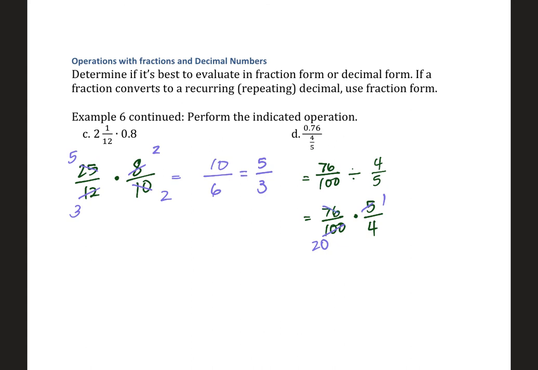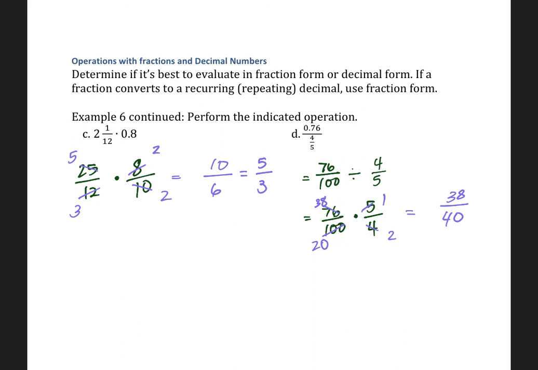4 and 76, they're both divisible by 2. So 2 times 2 is 4. Half of 76 is going to be 38. Multiplying across, we have 38 over 40. I noticed that I can simplify one more time, because 38 and 40 are both divisible by 2.